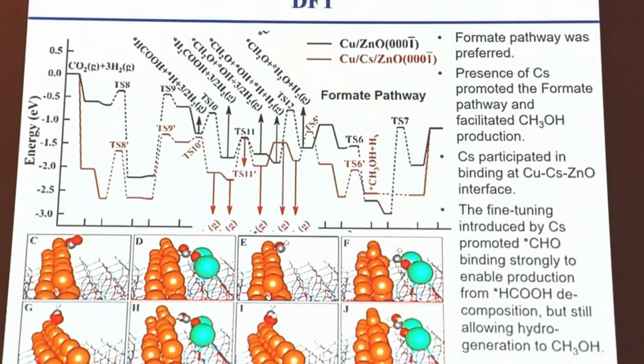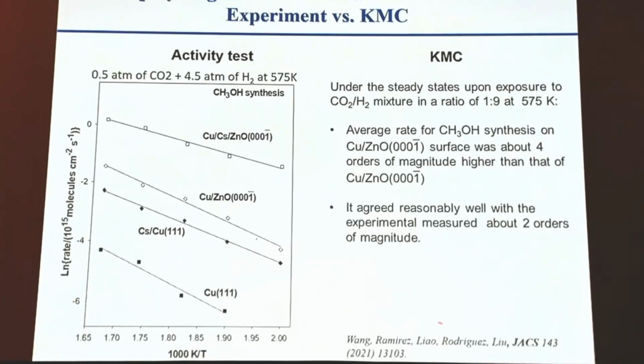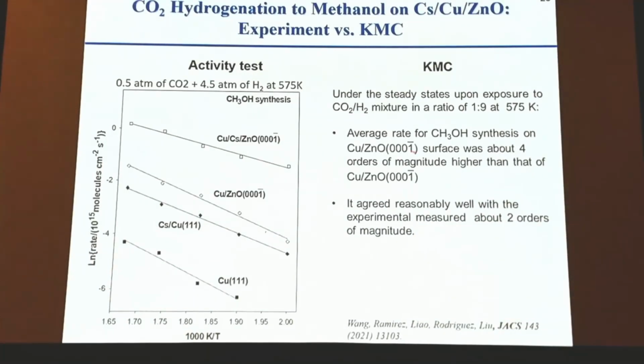To confirm that, we did the KMC study, as I mentioned before. Under typical experimental conditions, we find that cesium can introduce a four-magnitude increase in methanol production compared to copper zinc alone. It actually agrees with experiments led by Jose Rodriguez, where we see the increase of methanol productivity by 2 to 3 orders of magnitude.